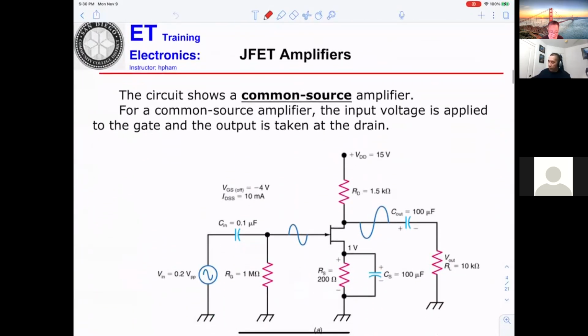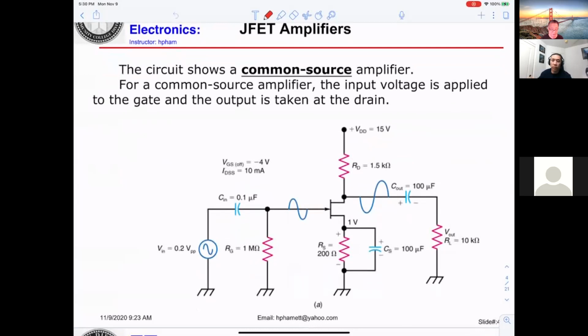Okay, so the first one will be the common source amplifier. For the common source amplifier, the first question is what bias they're using.